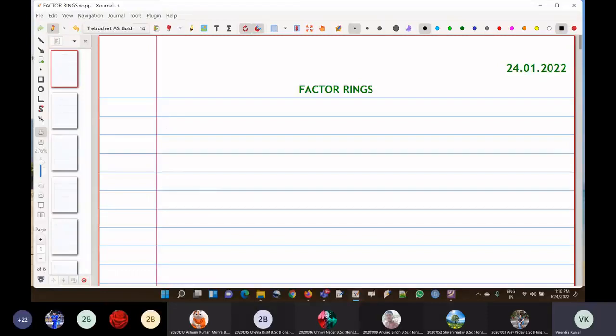So the example is that we have been given Z8 and we have to find the maximal ideal. Once you know the ideals, you can write them down.